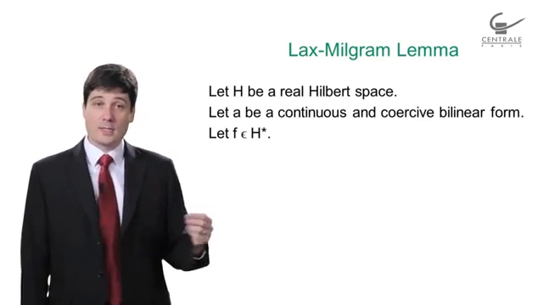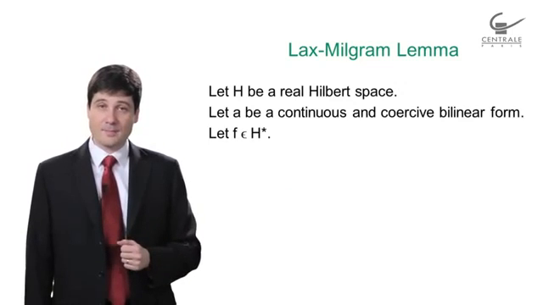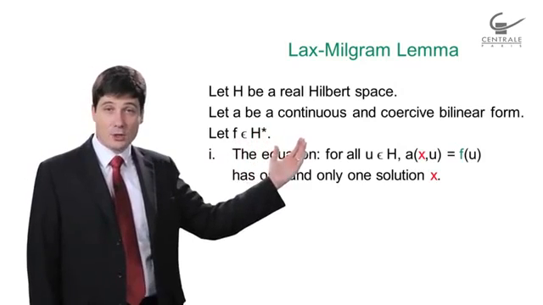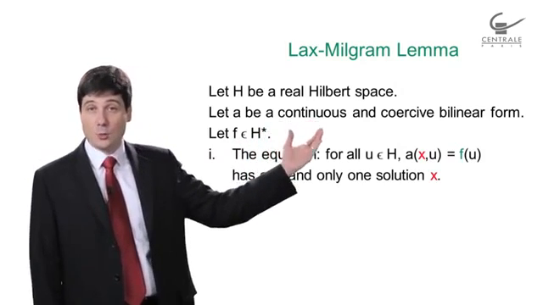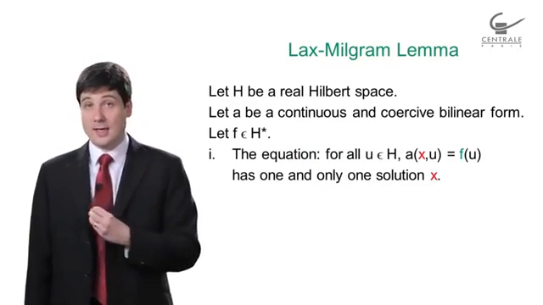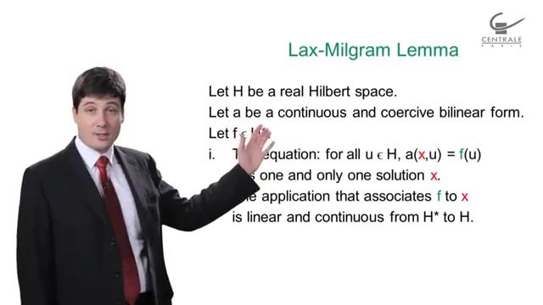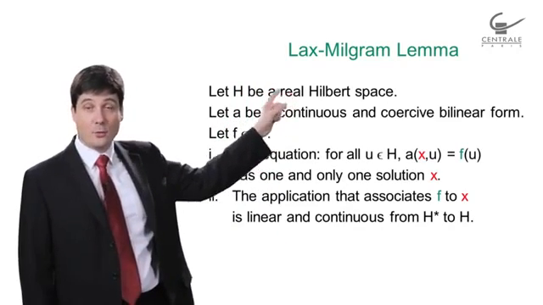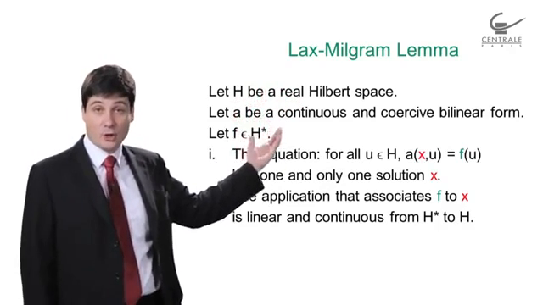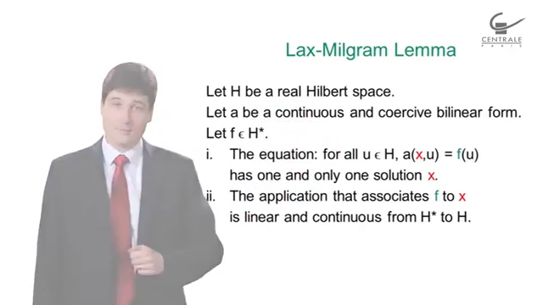I will also choose f in the dual space of H. First statement: the equation a(x, u) equals f(u), for all u in H, will have one and only one solution, x. Second result: the application that associates the green f to the red x, which is going from H star to H, is linear and continuous.